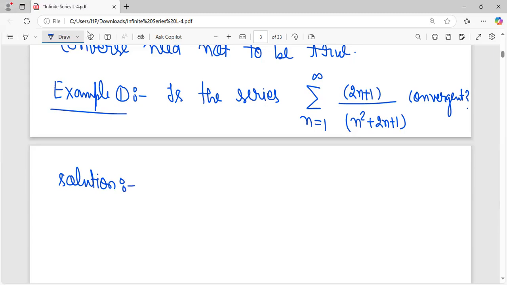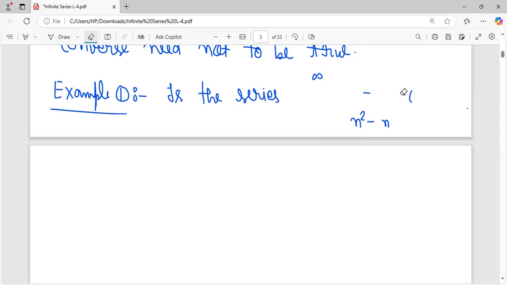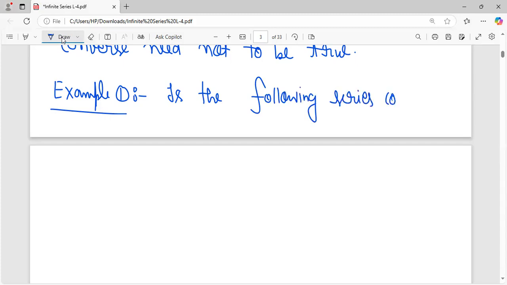Or you can write this question in the following form. Is the following series convergent?